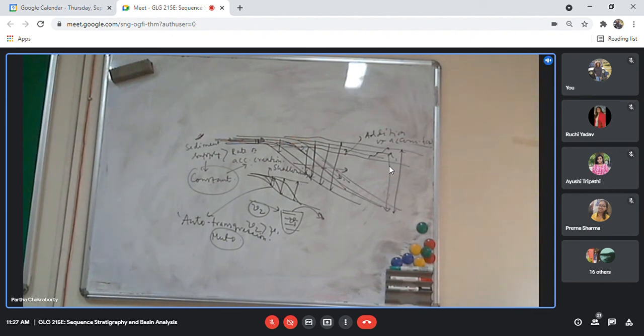Now the problem is, suppose you have a normal regression, that normal regression is that of HST. Now, if this normal regression keeps going on, you may get the transgression, but actually after HST normal regression, you get a falling stage system tract.